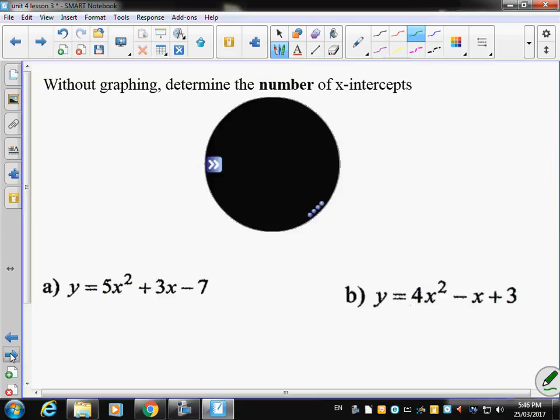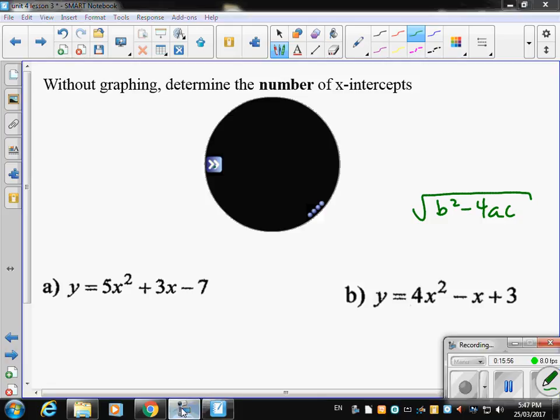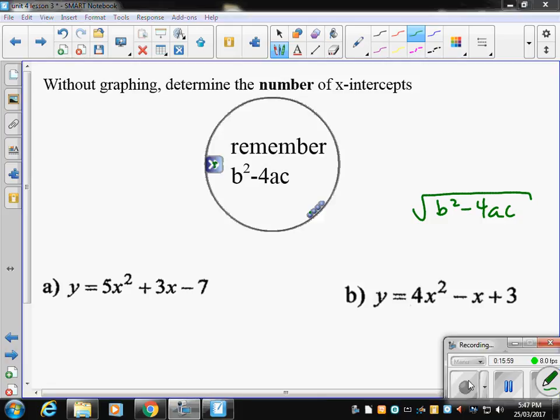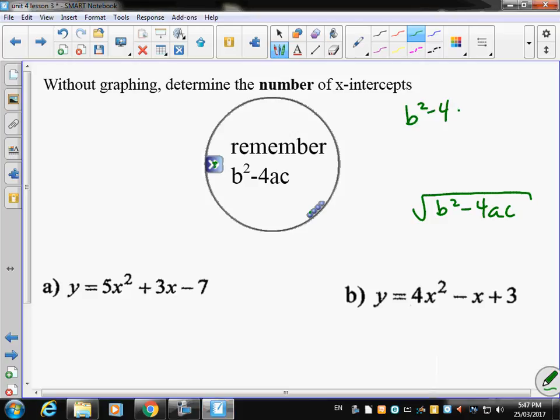It says, without graphing, determine the number of x-intercepts. Well, I know the business under the root sign told me last time how many x-intercepts I had. So I'm going to just cheat and look at that part, and that should tell me how many x-intercepts I have. If under the root sign I have a 0, then I have one x-intercept.